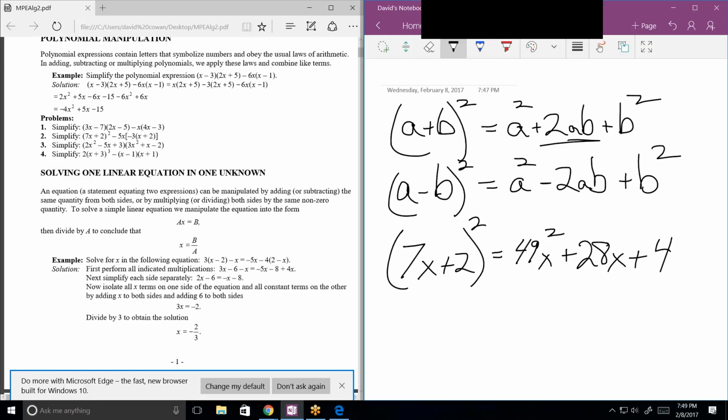And the reason this is worth memorizing, both of these, is that they make you do this so many times in algebra and the next math course you take, that you're just going to save 30 seconds every single time you do it if you've got these memorized. So it speeds up things.